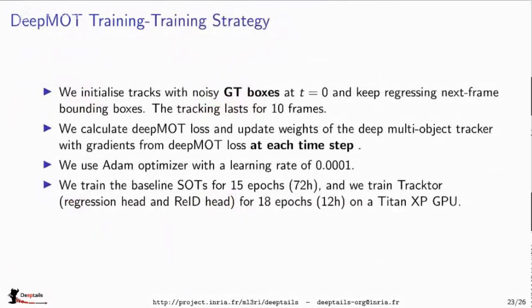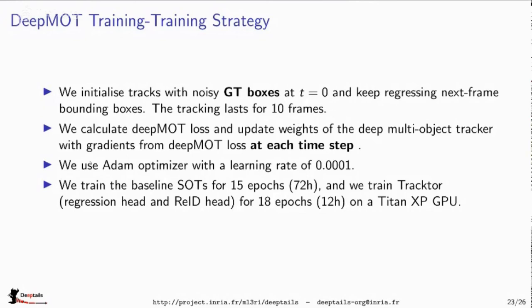Okay, to summarize, during training, we initialize tracks with noisy GT boxes at time equals 0, and we let the deep multi-object tracker predict the bounding boxes for current frames. The tracking lasts for 10 frames, which means that we divide a long sequence into subsequences of 10 frames.